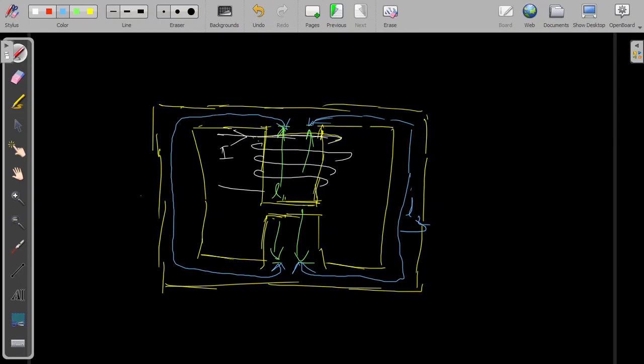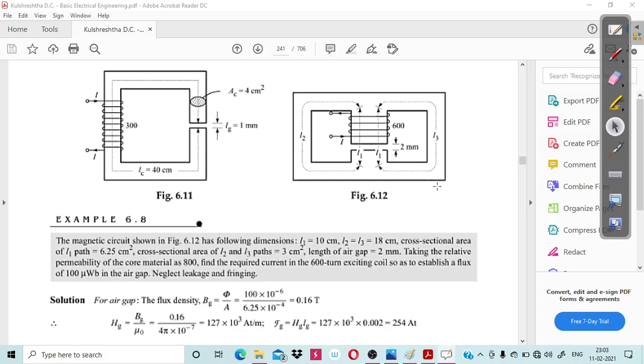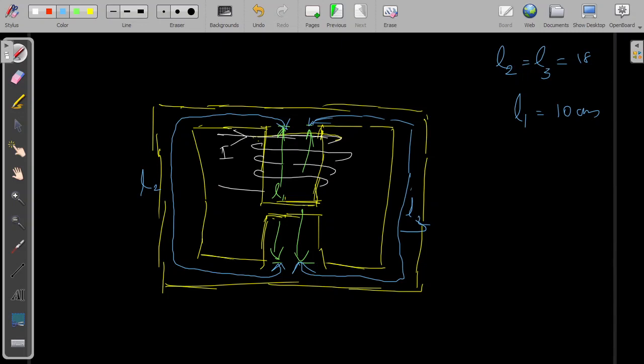L1 is given as 10 centimeter and L2 as 18 centimeter. The cross-sectional area of the L1 path, here, is given as 6.25 centimeter square.